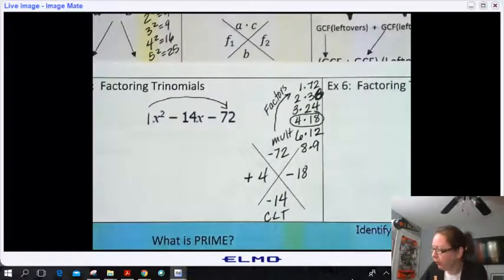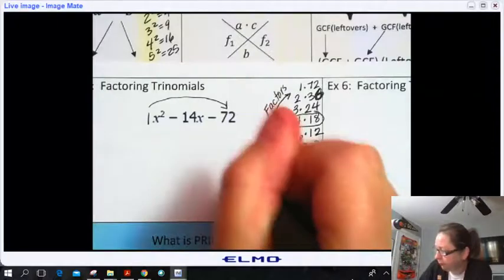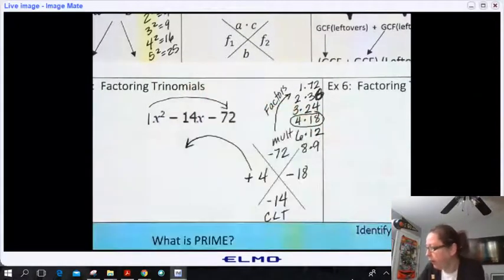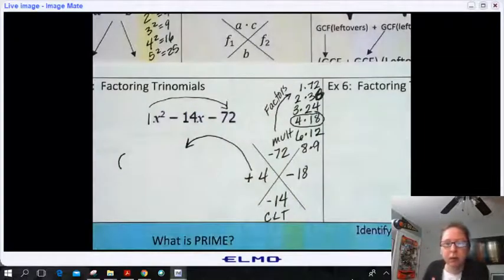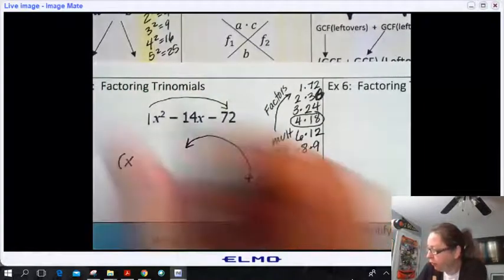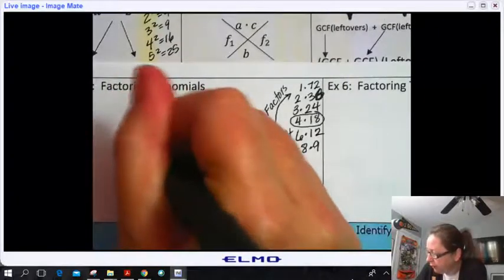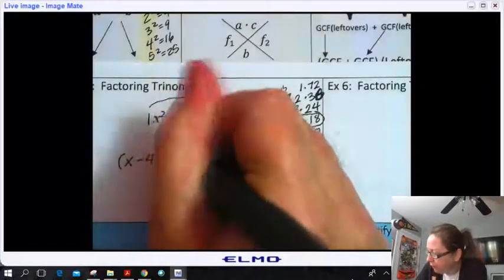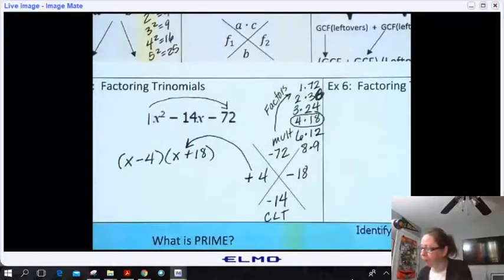So now what we're going to do is take our two factors and write them out into parentheses. When we put them in our parentheses, we need to change their signs. X minus 4, x plus 18.